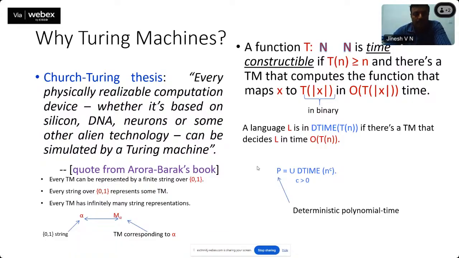This thesis was submitted by Church and Turing together. According to their thesis, any physical system we can use for computation purposes can be represented or simulated by a Turing machine.